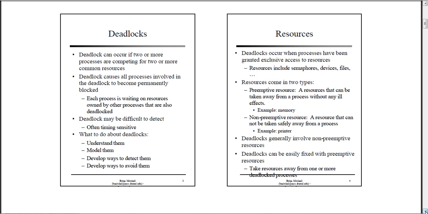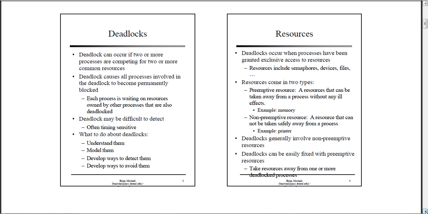Resources. Deadlocks occur when processes have been granted exclusive access to resources. Resources include semaphores, devices, and files. Resources come in two types. Preemptive resources are resources that can be taken away from processes without any ill effects.